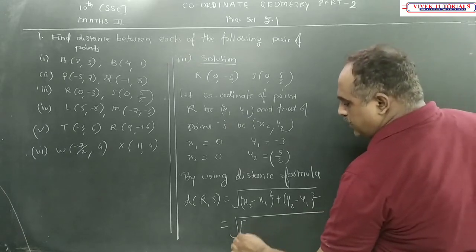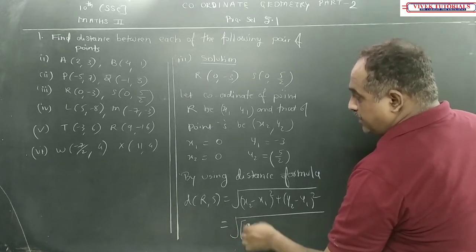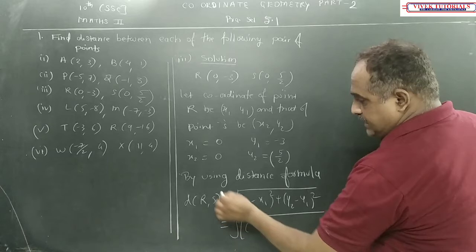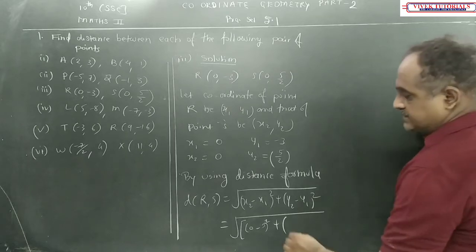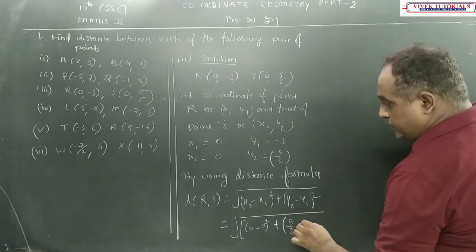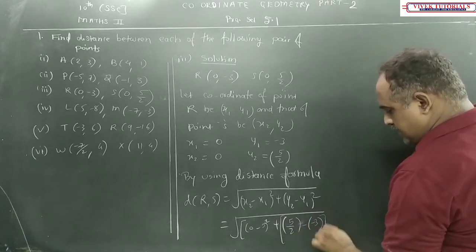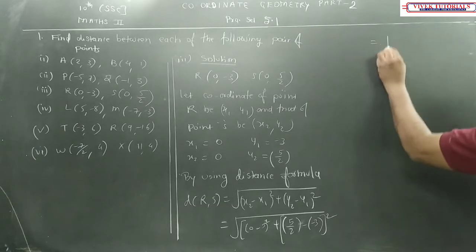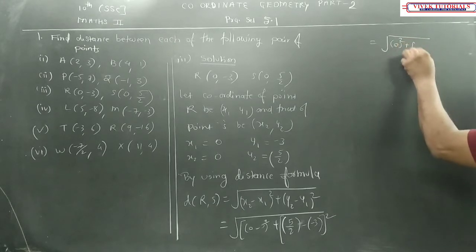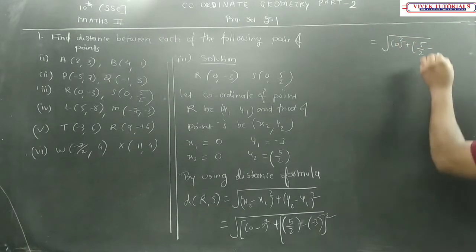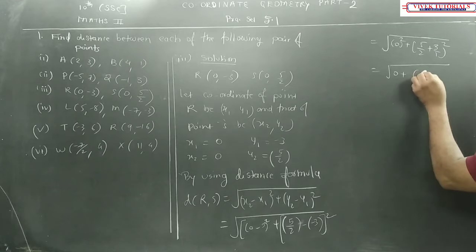That you are going to put in a square box, and in that you are going to put small brackets, that is x2 is 0 minus 0 the whole square, and y2 is nothing but 5/2, correct, minus of minus 3 the whole square. That is equal to root of 0 square plus 5/2 plus 3/1 the whole square.